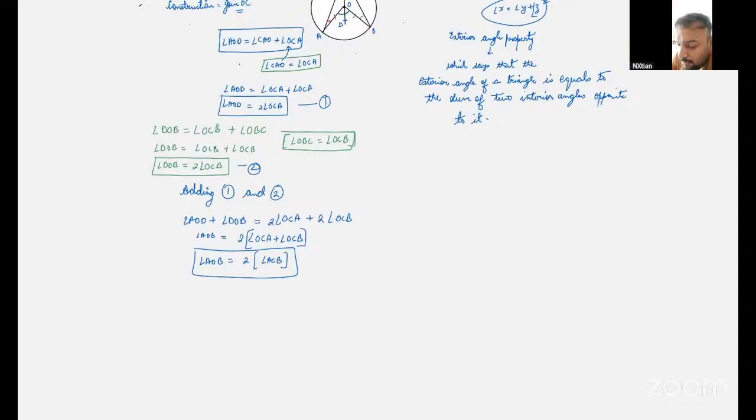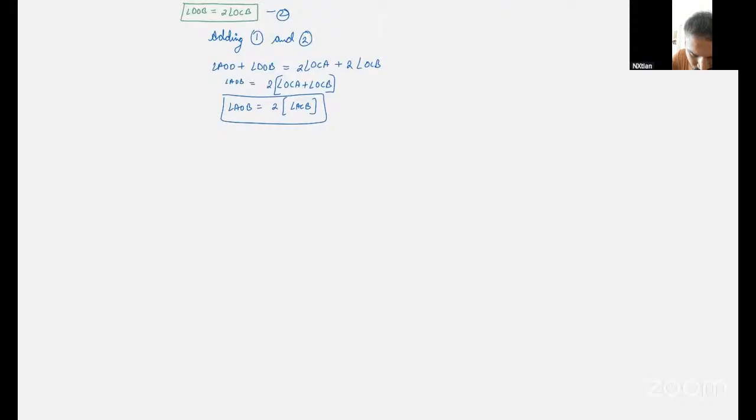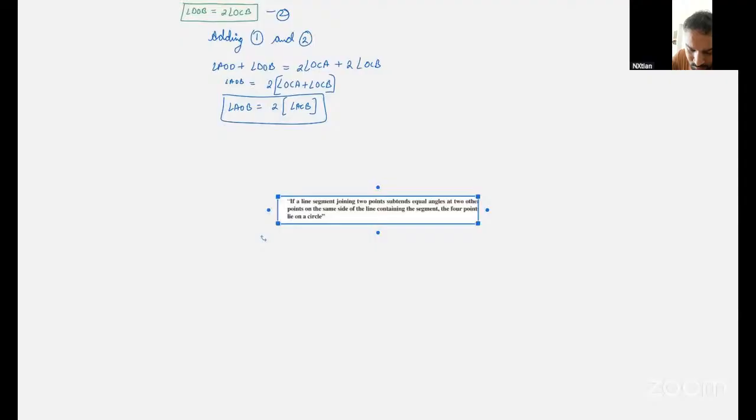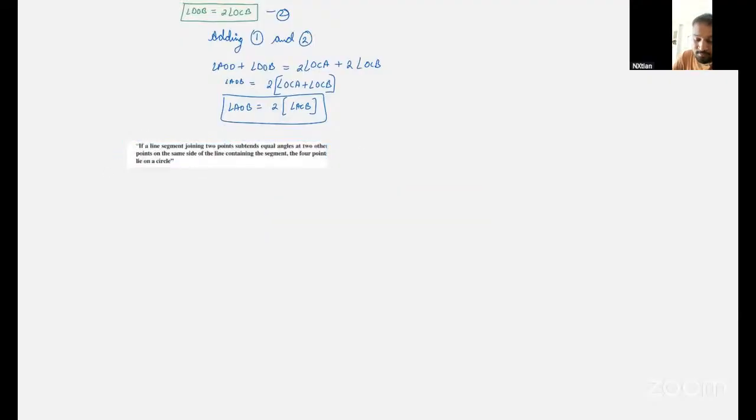Okay, now we will have a new theorem. It is called angles in the same segment of a circle.